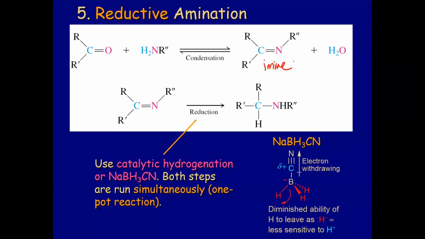If you use something like NaBH3CN, this will only reduce the imine and not the aldehyde or ketone. Now, this reaction I have done in the past, and I found it to be very solvent dependent. In fact, it's normally advisable to do this reaction in ethanol, as it will activate the reducing agent. Or at least that's what I have found in the past.